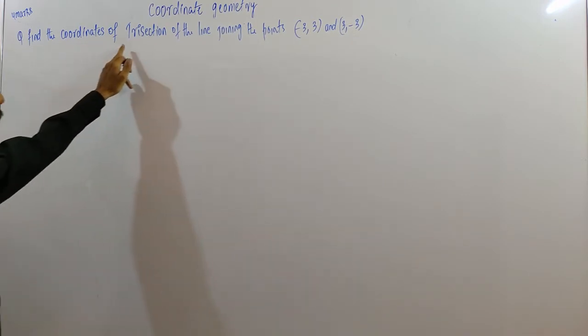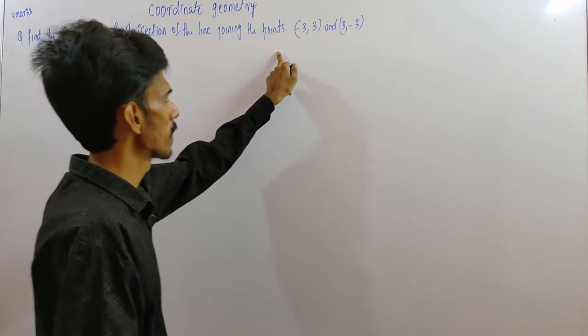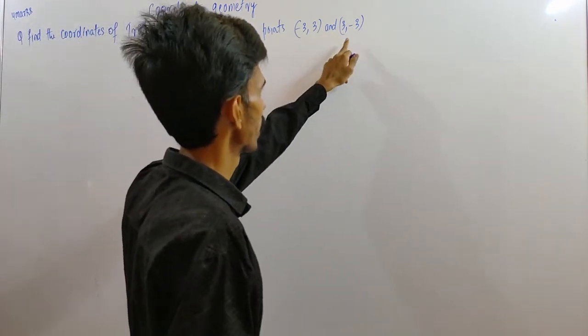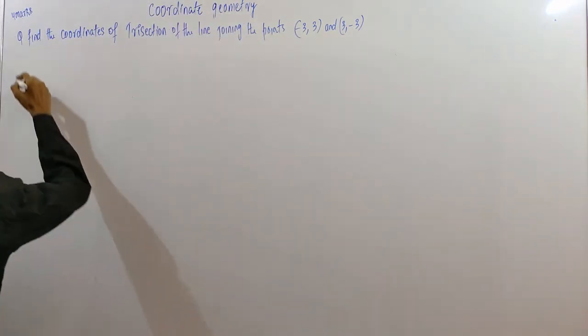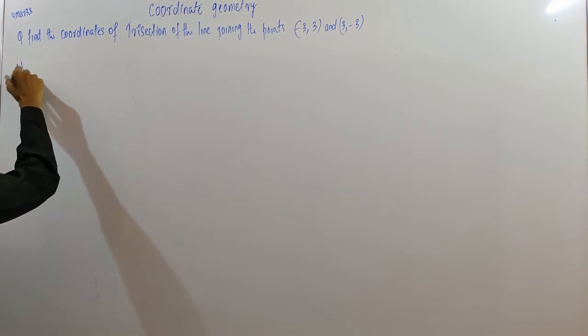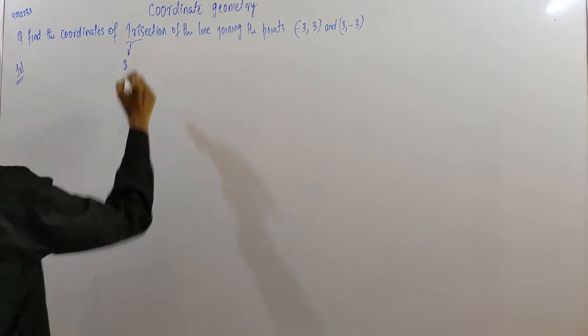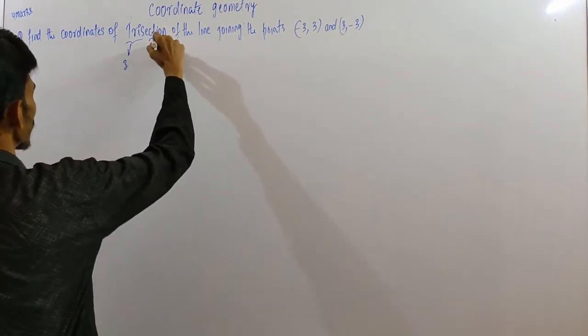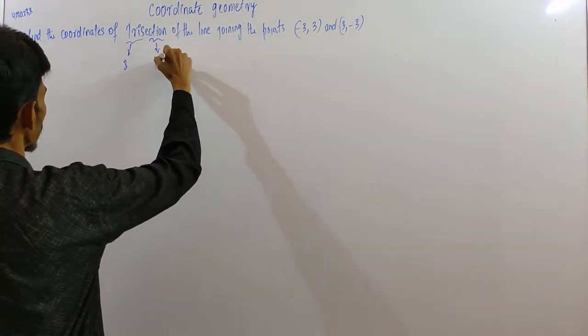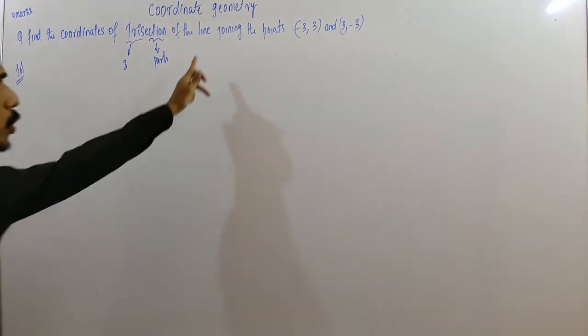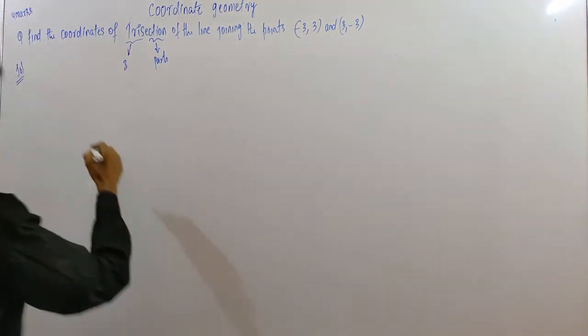Find the coordinates of trisection of the line joining the points -3, 3 and 3, -3. Now let us solve this. The word tri means 3, section means parts. Line joining the 2 points.